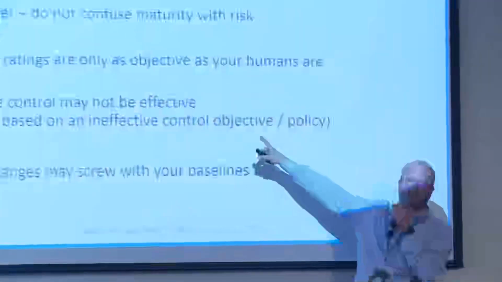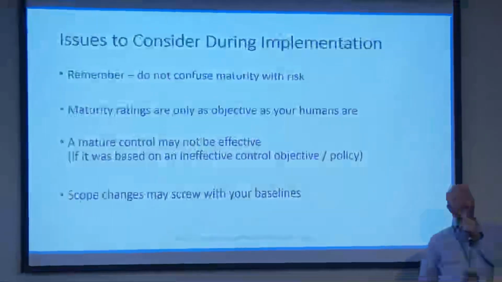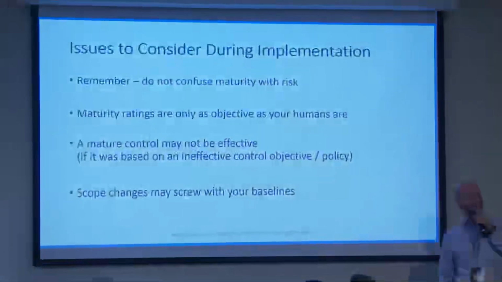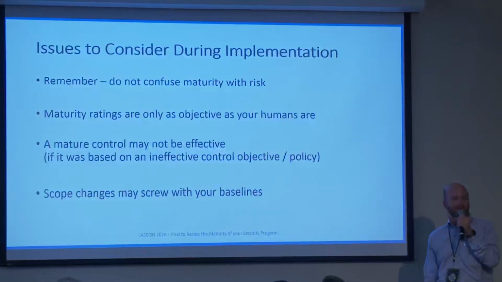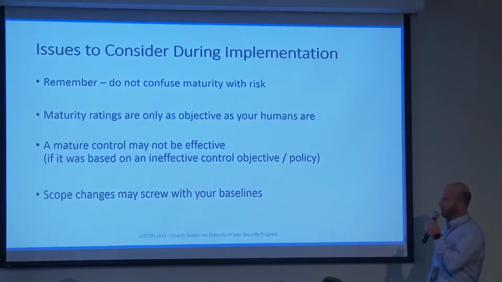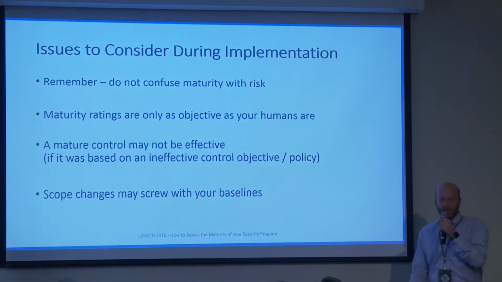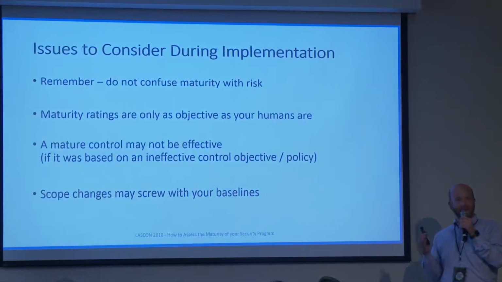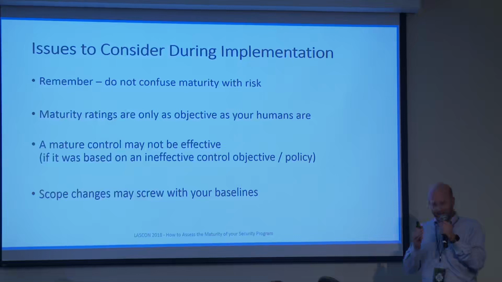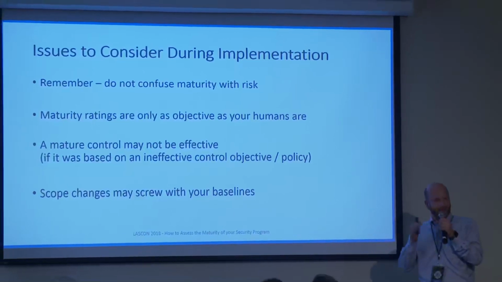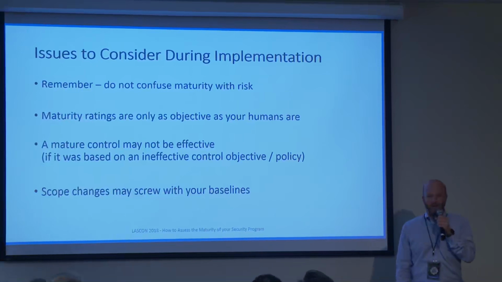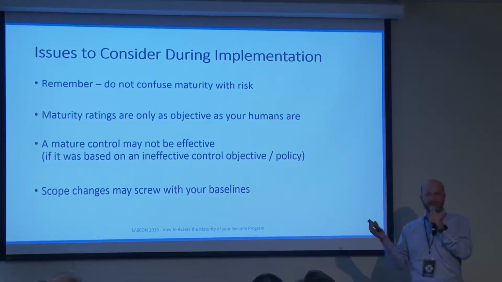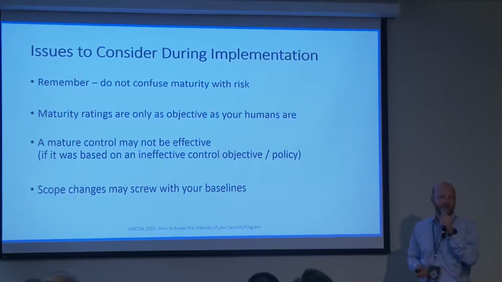Another thing to think about: a control that has a high maturity level may still not be effective in what it's supposed to do. Where that can happen is if you have a control objective that's not clear enough about what exactly needs to happen to mitigate your risk in a certain area. You might just have a very vague objective that says, let's put a firewall in place.